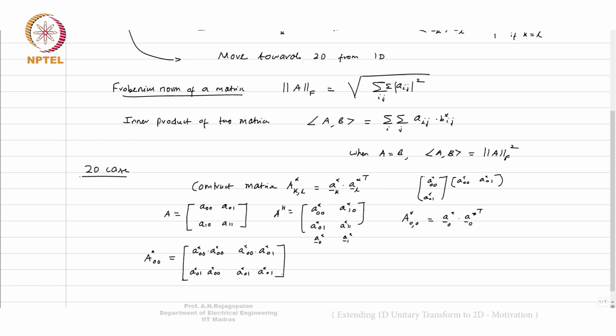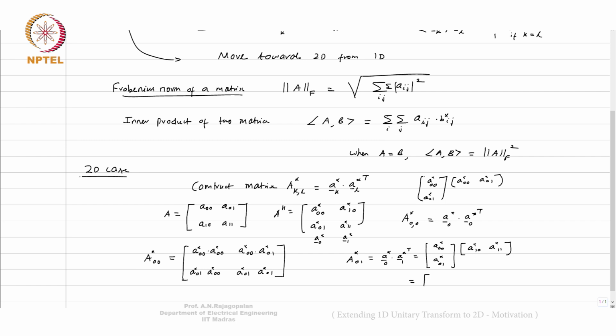Now let us look at one more thing. Suppose we want to look at A star 0,1. What would that look like? That would be A0 star times A1 star transpose, that is A00 star, A01 star multiplying A1 star transpose, A star 10, A star 11.